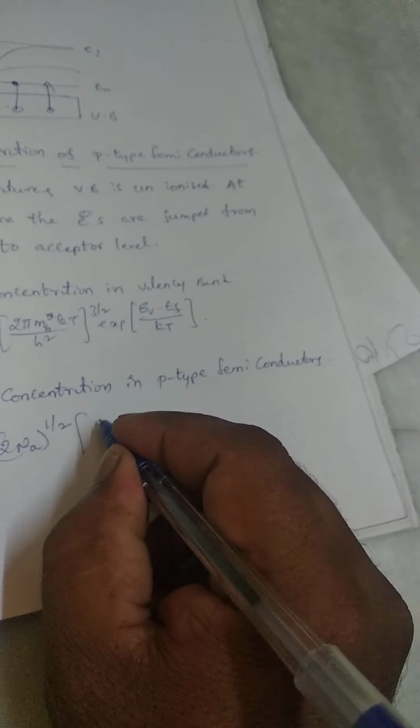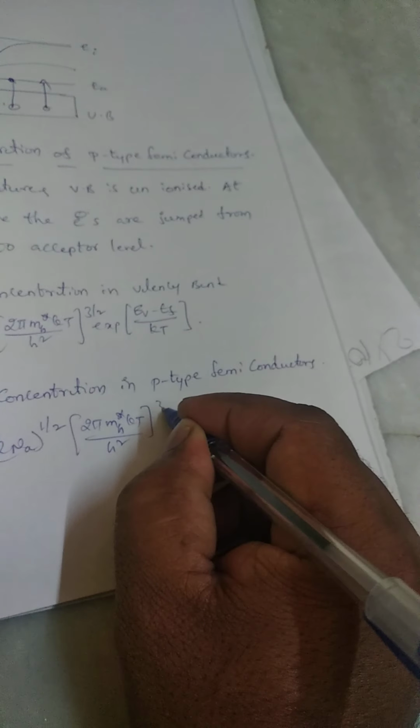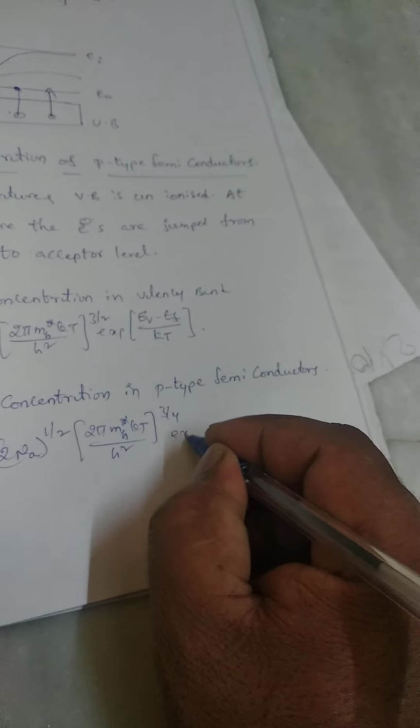Now the holes concentration in p-type semiconductors, P is equal to (2NA) whole power 1 by 2 into (2 pi mh star kT by h square) whole power 3 by 4 exponential of (EV minus EA) by 2kT.